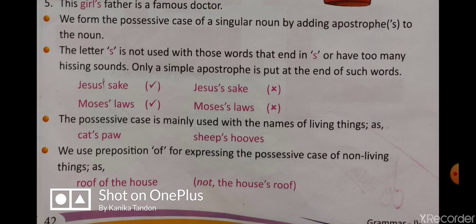So here, roof of the house, we cannot write the house's roof because house is non-living, so we have to write the roof of the house. Similarly, the ceiling of the room, so we cannot write room's ceiling because a room is a non-living thing, so we have to write the ceiling of the room.